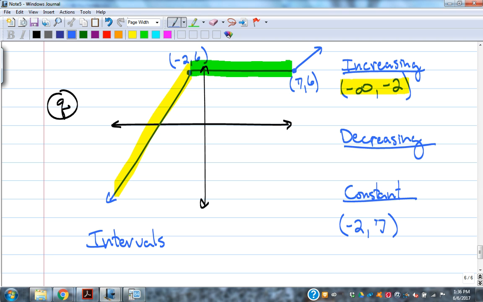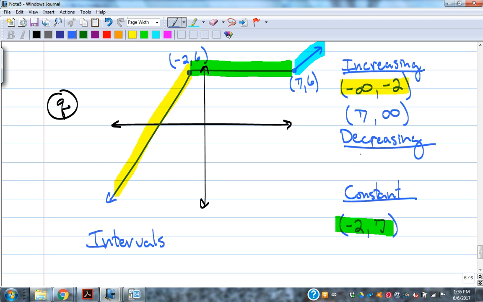That's right. So that piece and that interval go together. They're the constant one. Now, what's this last part here doing? It's increasing as well. So it starts at what? And goes to infinity. Good job.